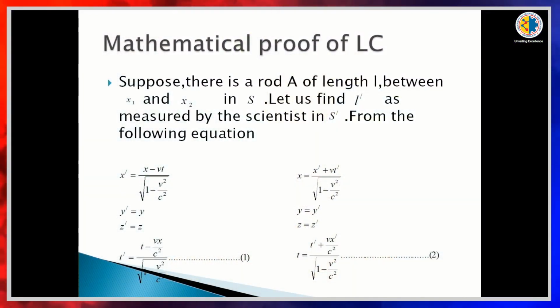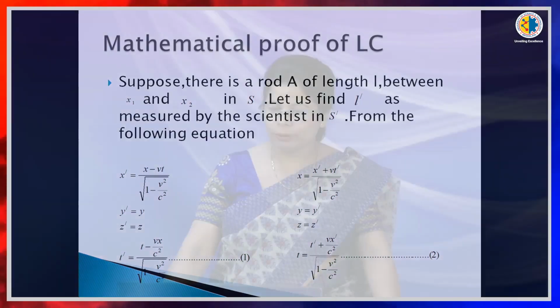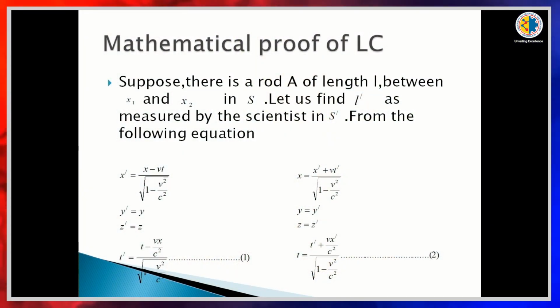From the following equations, x' = (x - vt)/√(1 - v²/c²), y' = y, z' = z, and t' = (t - vx/c²)/√(1 - v²/c²). This is known as equation 1. x = (x' + vt')/√(1 - v²/c²), y = y', z = z', and t = (t' + vx'/c²)/√(1 - v²/c²).